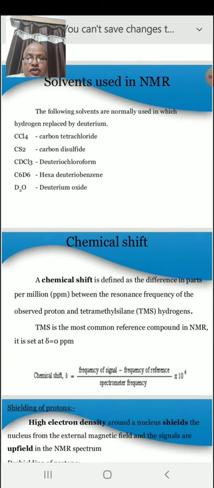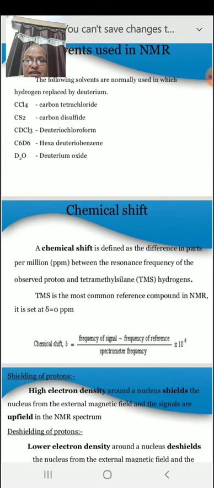TMS is the most common reference compound in NMR. It is set at 0 ppm. The chemical shift is the frequency of signal minus the frequency of reference, divided by the spectrometer frequency, times 10 raised to power 6.